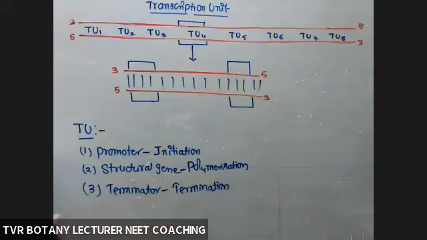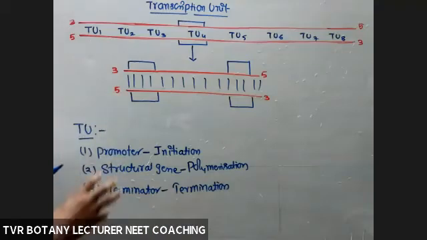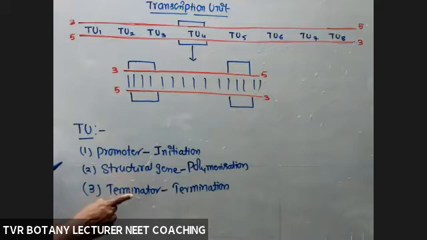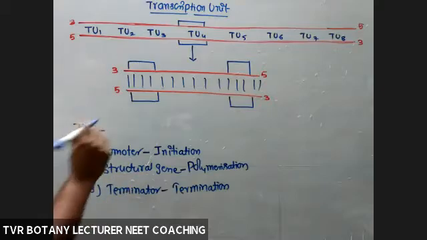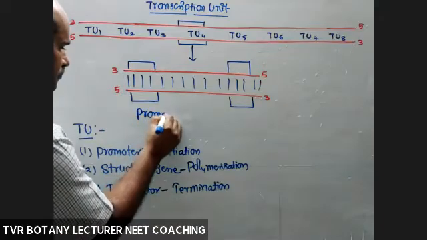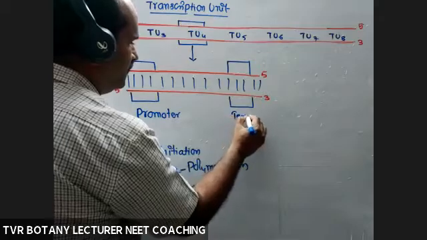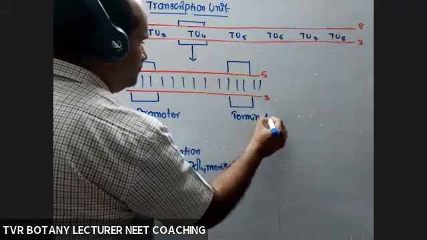So each transcription unit has three types of structures or components: promoter, structural gene, terminator. For example, this one is the promoter. This one is the terminator.